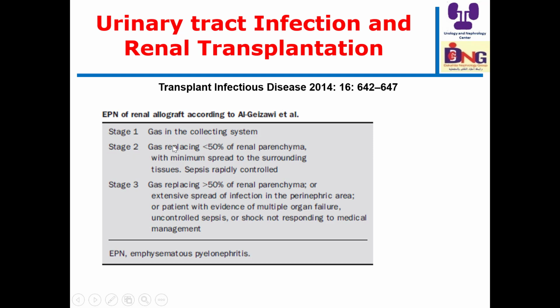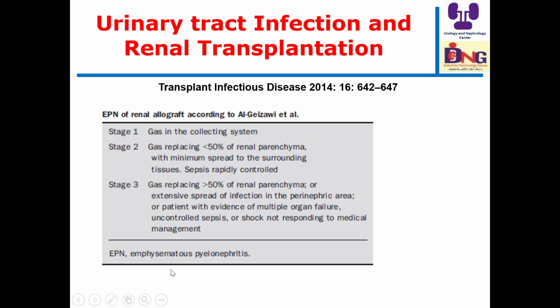In stage 2, gas replaces less than 50% of renal parenchyma, with minimal spread to the surrounding tissue. Sepsis is rapidly controlled. But in stage 3, gas replaces more than 50% of renal parenchyma, or there is extensive spread of infection in the perinephric areas, or the patient has evidence of multiple organ failure. Here you'll find uncontrolled sepsis and shock that do not respond to medical management.